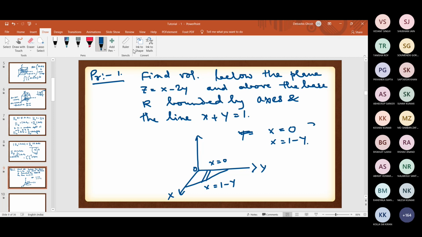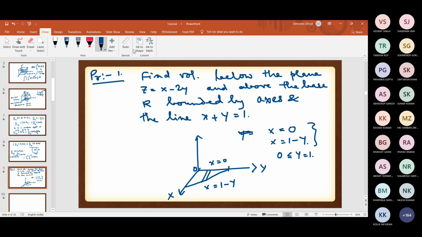That is the range for your x. Now the range for your y moves from 0 to 1. Move from this point to this point.